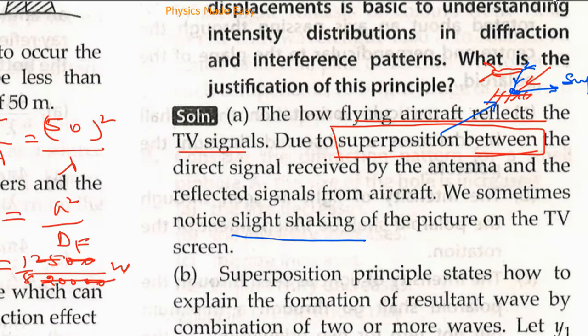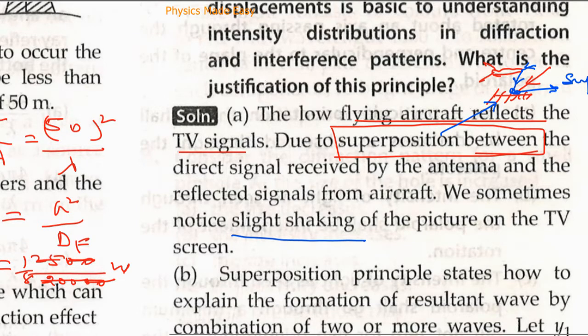This is due to the high velocity of the low-moving aircraft, because it does not give us a fixed resultant amplitude. It gives us a varying amplitude that varies with intensity.